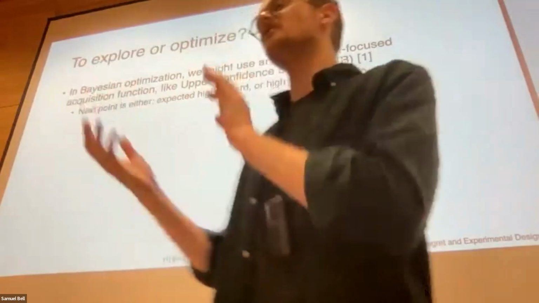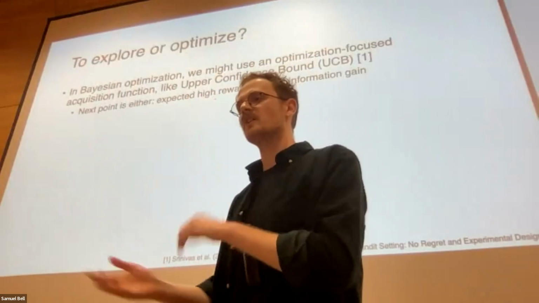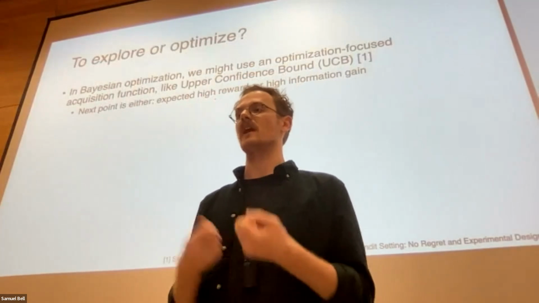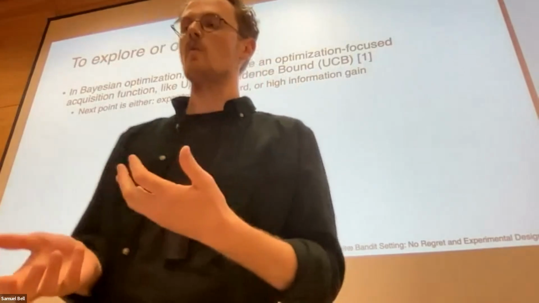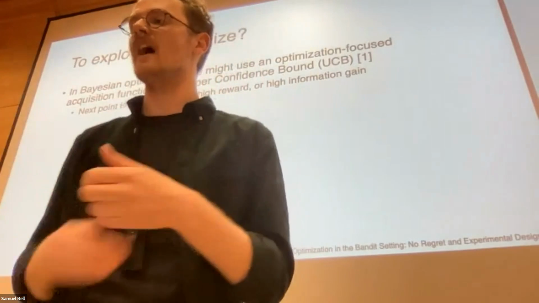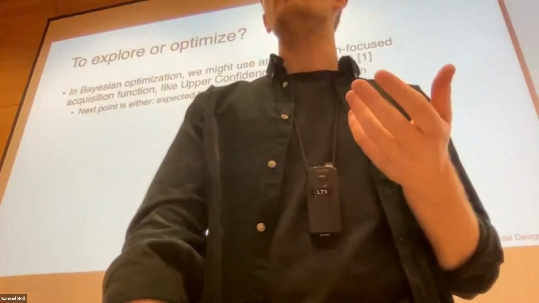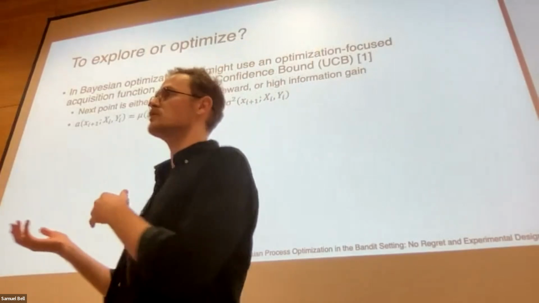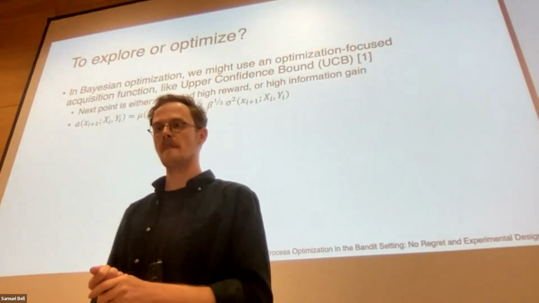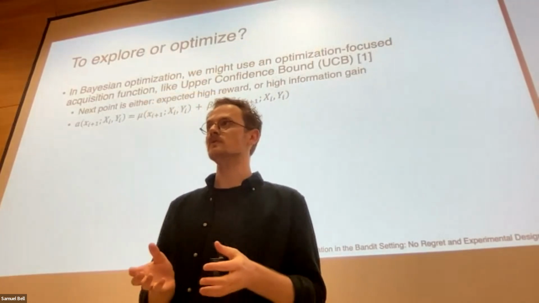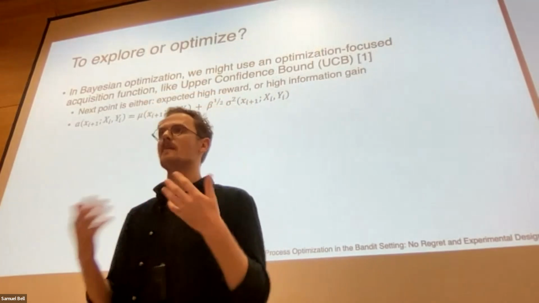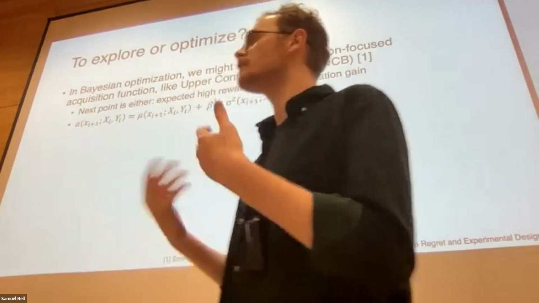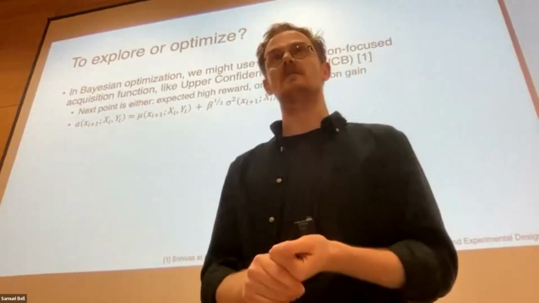But also, just to give you a more concrete example, something we might do in hyperparameter optimization is use something like upper confidence bound, where the next point is either expected high reward or high information gain. This is a typical thing you might do in hyperparameter optimization. Imagine we're optimizing SVM hyperparameters, C and gamma, and we're looking at the effect on test accuracy.